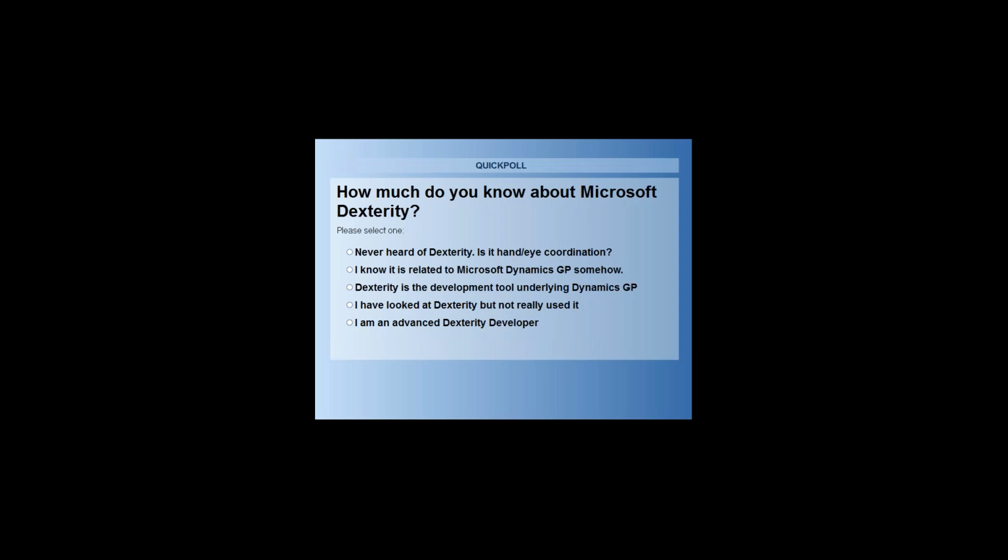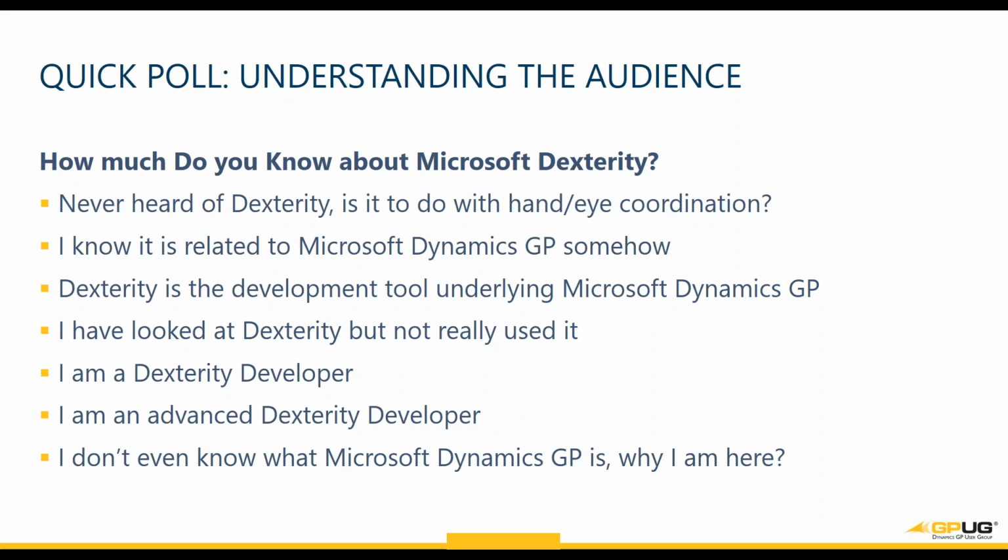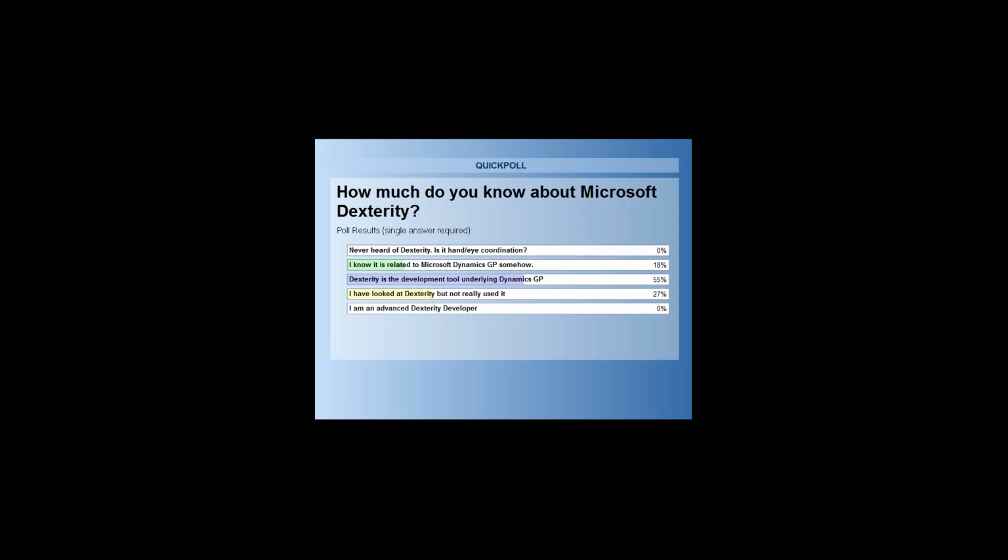All right, I'm going to close the poll in 5, 4, 3, 2, 1. All right, so it looks like 85% voted, and we had 0% have never heard of Dexterity, 18% know it's related to Microsoft Dynamics GP somehow, 55% know that Dexterity is the development tool underlying Dynamics GP, 27% have looked at Dexterity but not really used it, and 0% are advanced Dexterity developers.